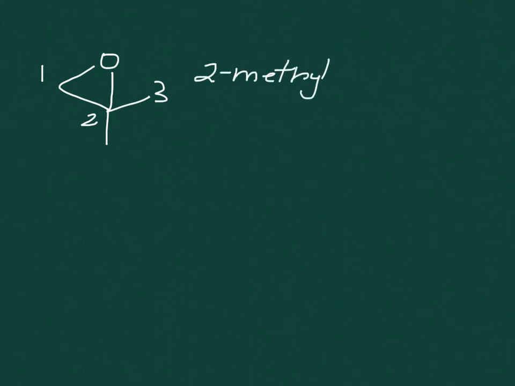So let's practice that nomenclature. So here, according to the first rule, 1, 2, 3 would be the parent chain because this would give the lowest number to the substituents. So it would be 2-methyl, 1,2-epoxy propane.